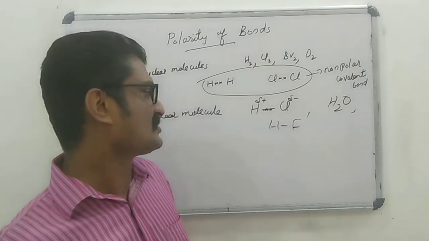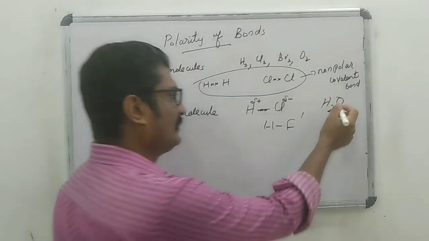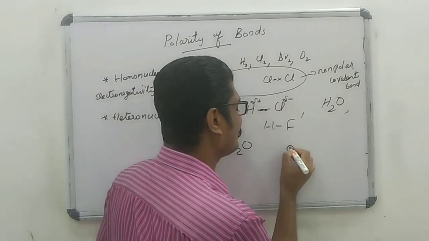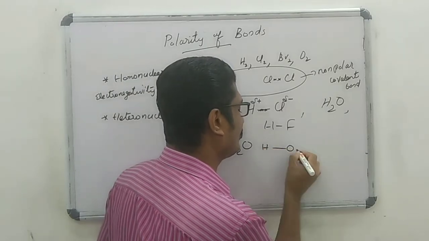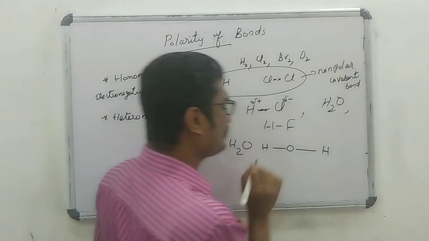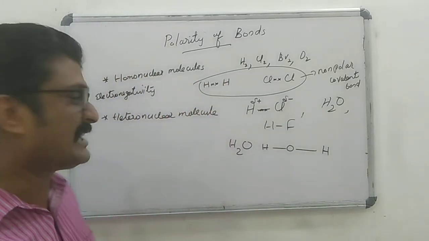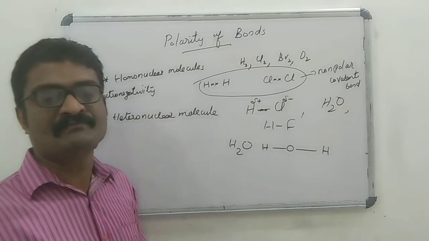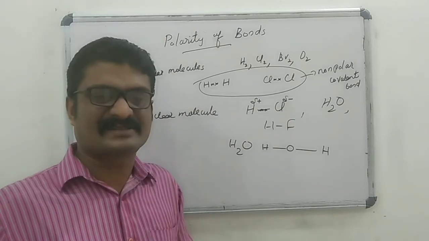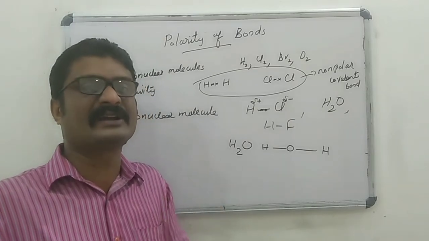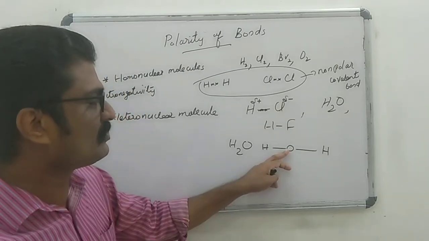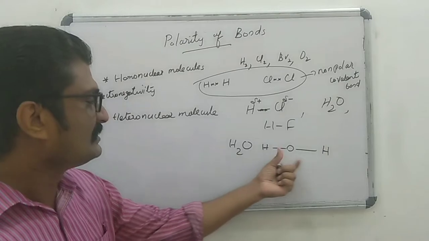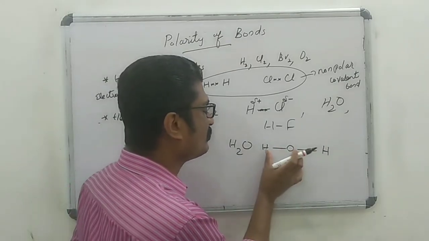The second example is H2O. We know in H2O, the central atom is oxygen, bonded to two hydrogen atoms. Oxygen is the more electronegative atom. As we move from left to right in a period, the size of the atom decreases and its electronegativity increases. The more electronegative oxygen attracts the bond pair of electrons towards its side.